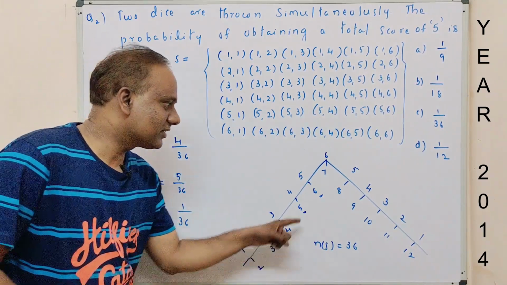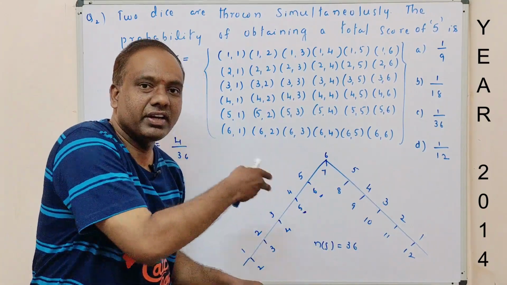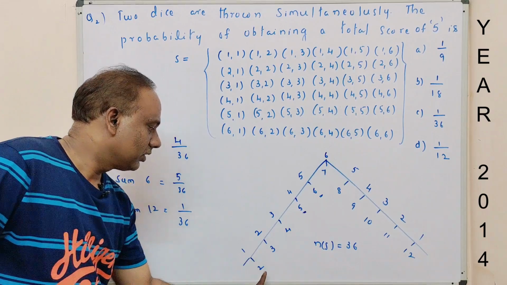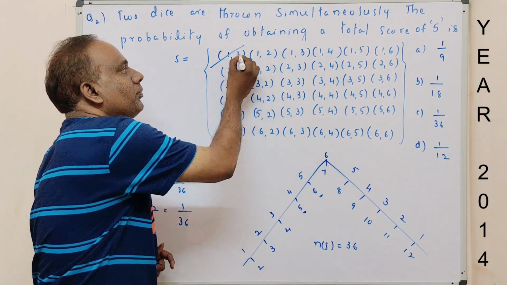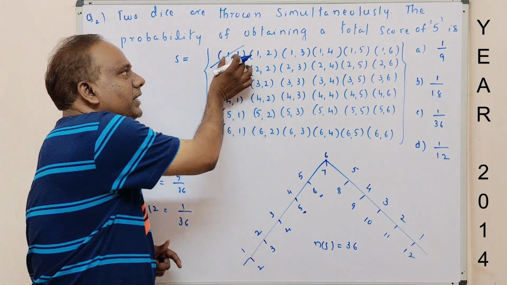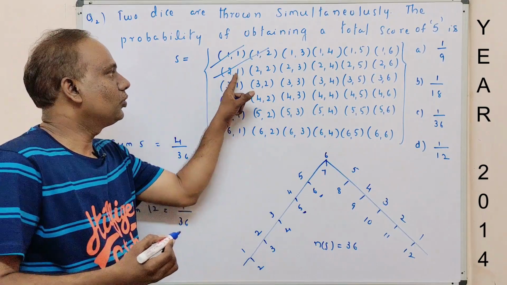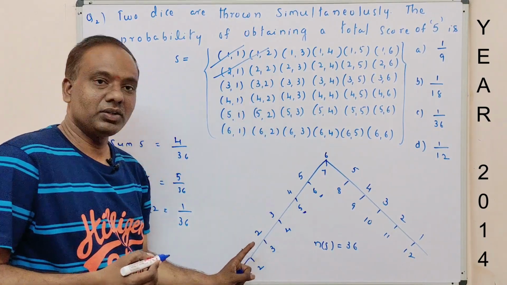And just remember one point: this table, this diagram, and how we can write the table. First of all, the sum starts from 2. Here 1 plus 1 is 2. The sum starts from 2 and next is 3. 2 plus 1 is 3 and 1 plus 2 is 3, that's why I am writing 2 here.